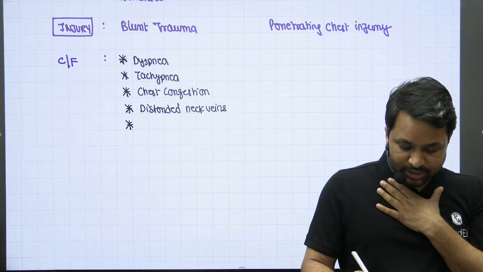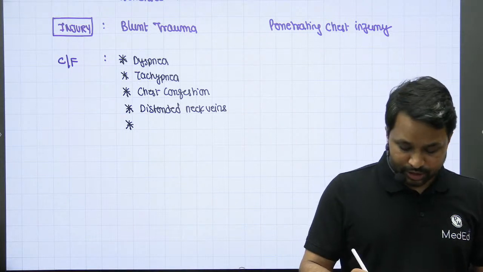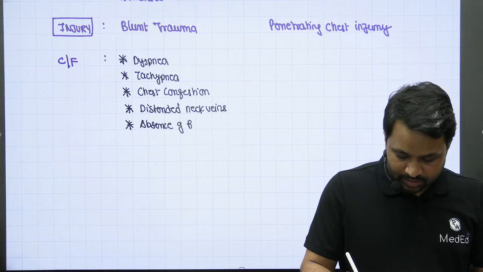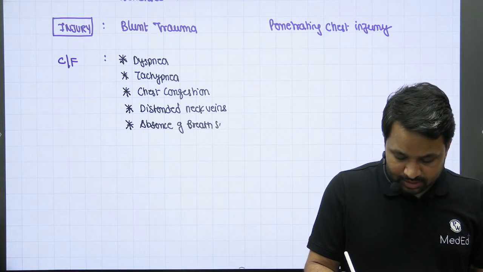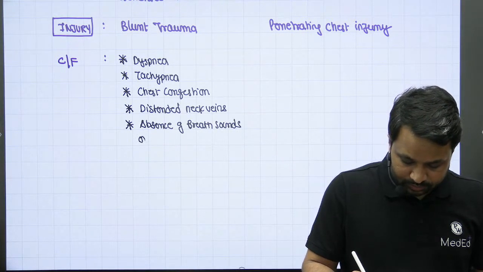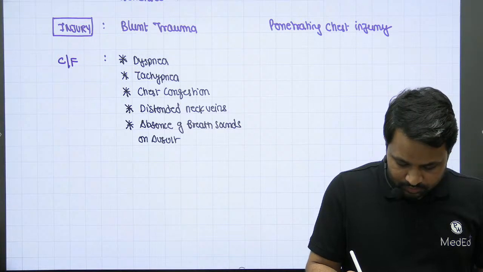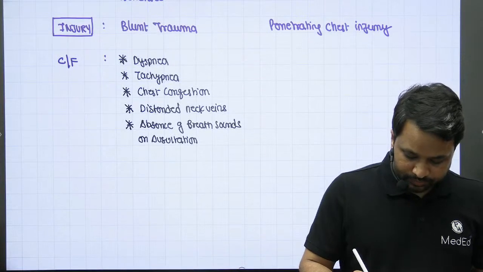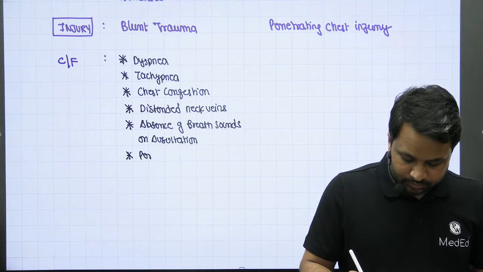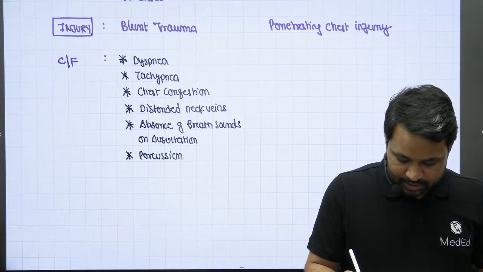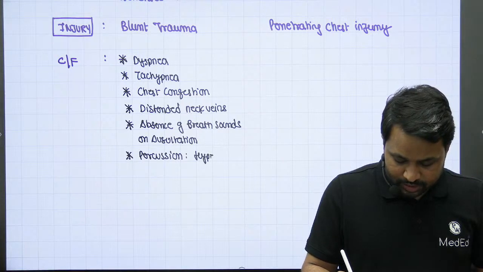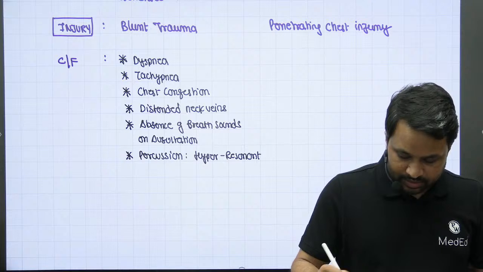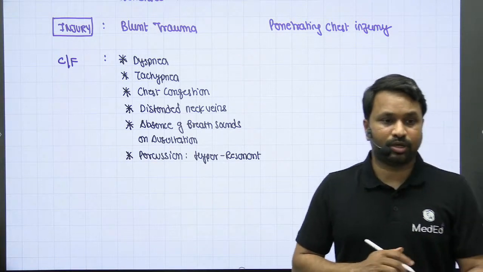Because there is chest congestion and pain, you will do an auscultation. You will see there is absence of breath sounds on auscultation. When you do a percussion, there is a hyper resonant note on percussion.